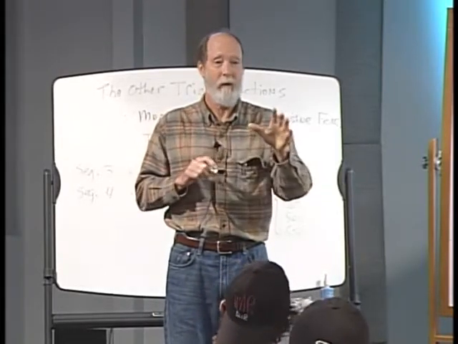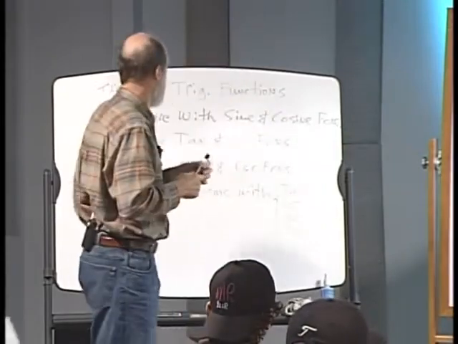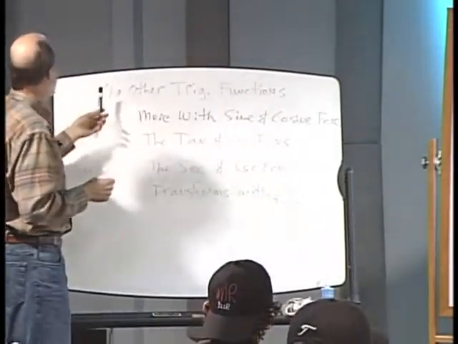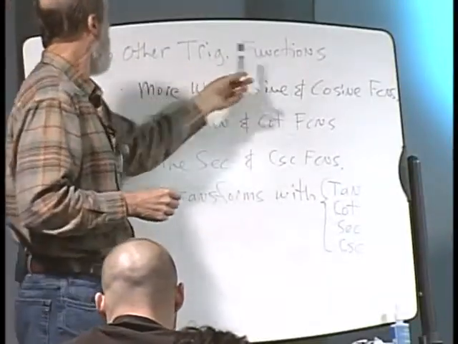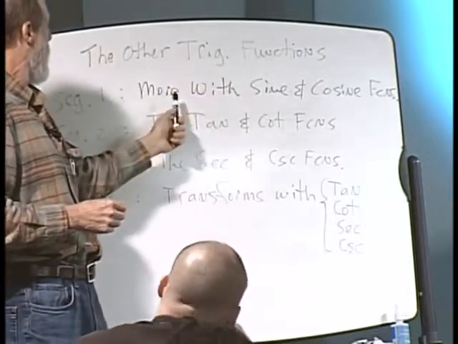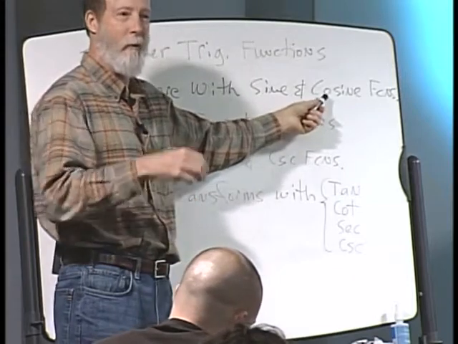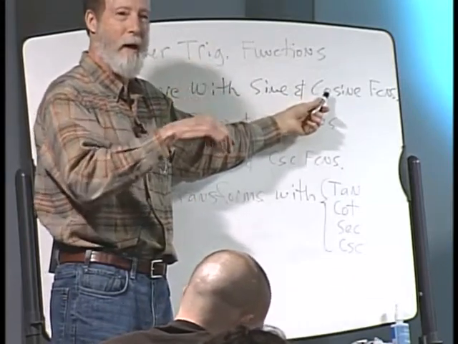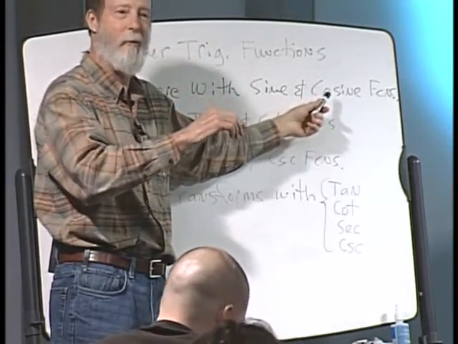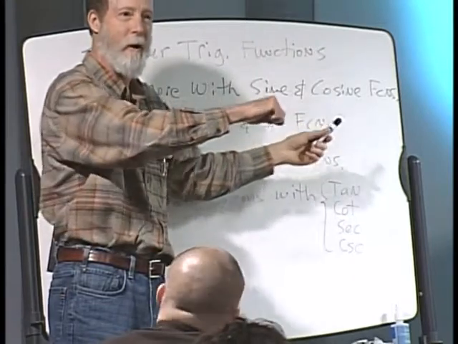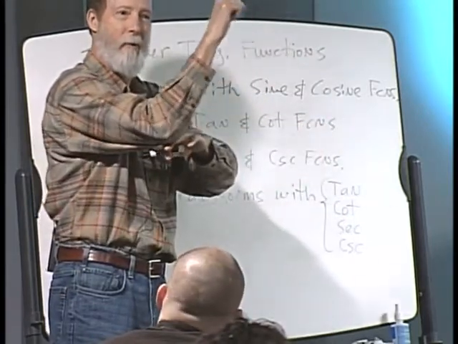Okay, so let's go ahead and continue on today. What we want to talk about is the other trig functions. In the last session, we introduced the sine and cosine functions, and we saw how we made a connection between the changes that occur in the unit circle as we let the angle change.